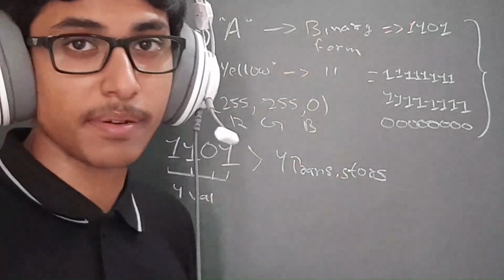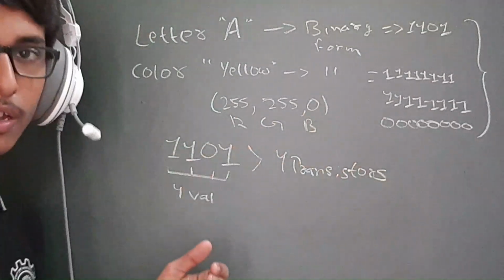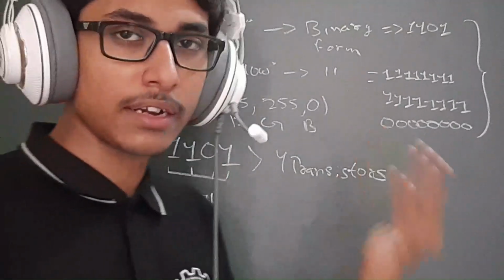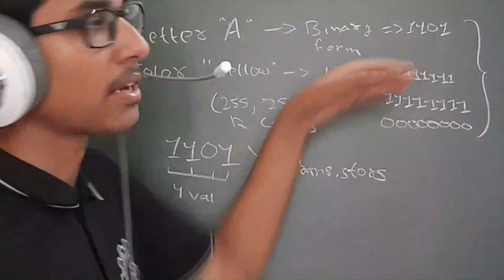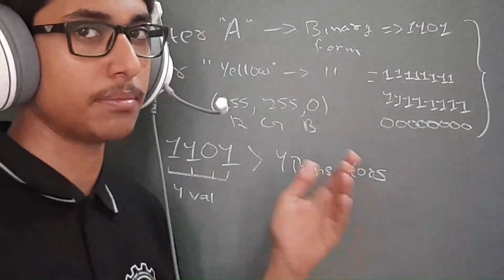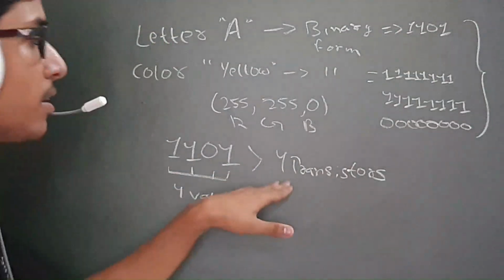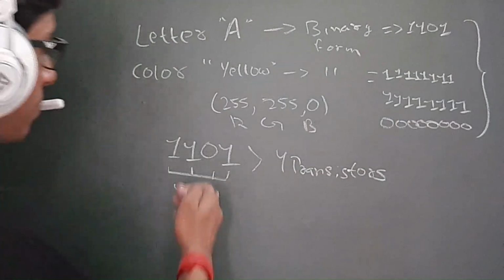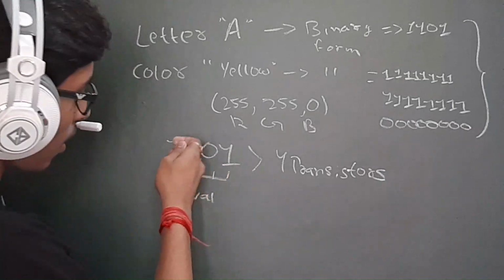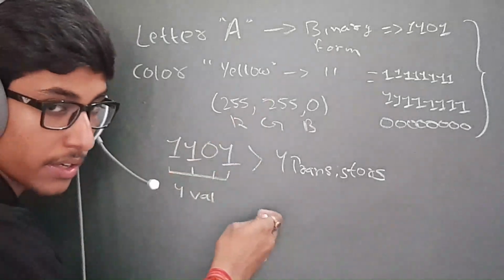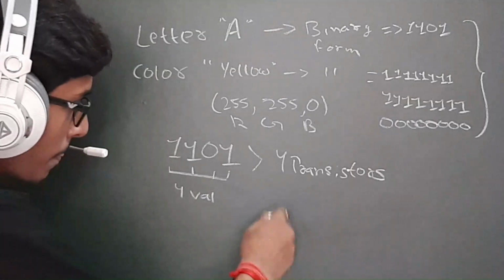What is represented by the binary number system? Obviously the transistors, when they detect high voltage and low voltage, then the binary numbers are represented in computer systems. So if it is stored in such a way, there will be four transistors in the alignment of on, on, off and on, right? So 1 1 0 and 1.